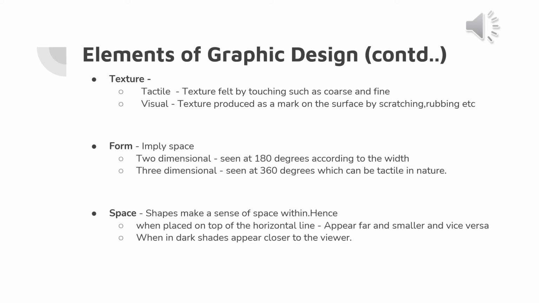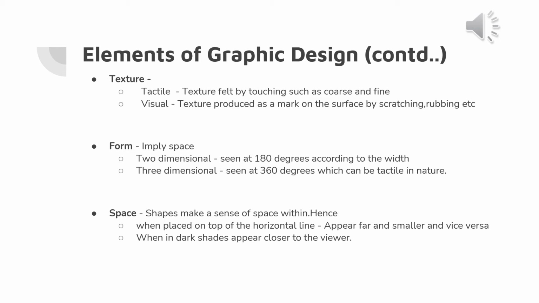Two-dimensional forms are seen at 180 degrees and they have only the width associated, as we all know. Meanwhile, three-dimensional forms are seen at 360 degrees and can be tactile in nature. Illusions also form an important aspect of this.